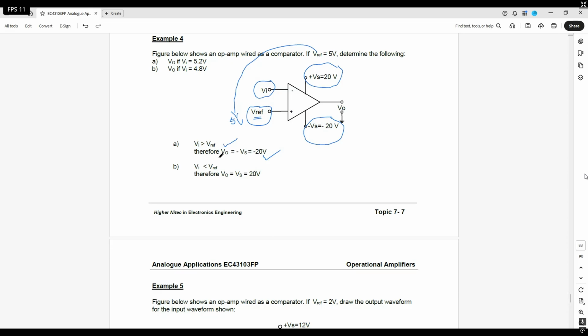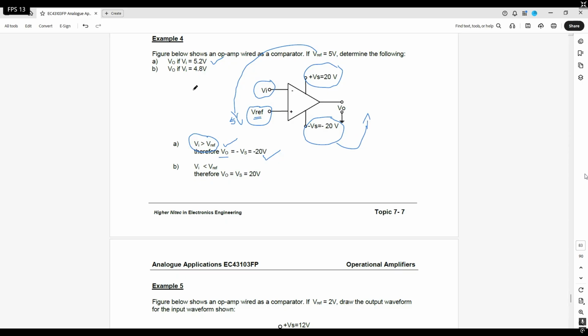So in other words, your V out now is minus 20 volts. Be careful with the condition. They say VI is greater than V reference, which is correct, 5.2 is greater than 5. So the output will be negative Vs, which is negative 20 volts. This will go to the output.